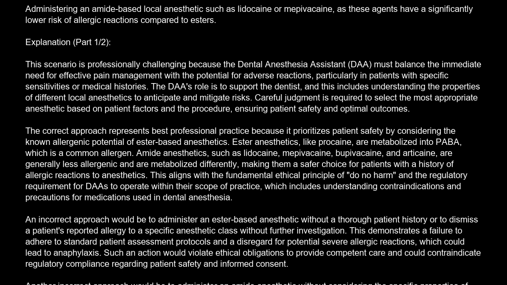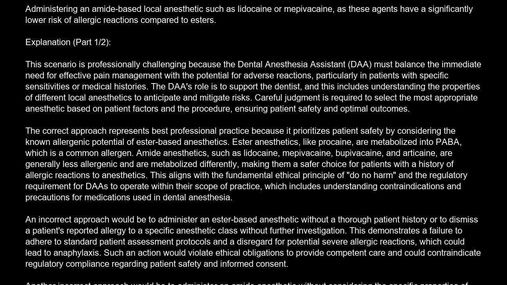This demonstrates a failure to adhere to standard patient assessment protocols and a disregard for potential severe allergic reactions, which could lead to anaphylaxis. Such an action would violate ethical obligations to provide competent care and could contravene regulatory compliance regarding patient safety and informed consent.